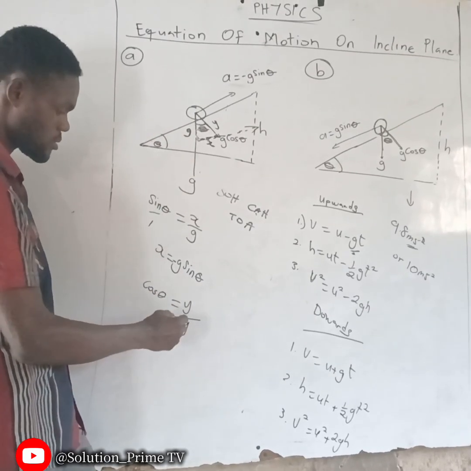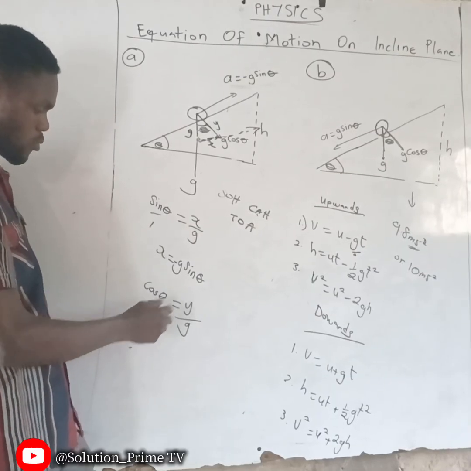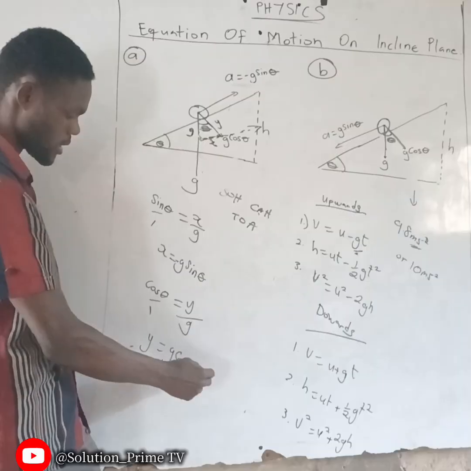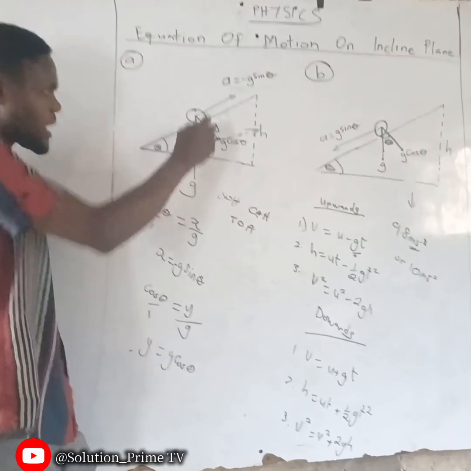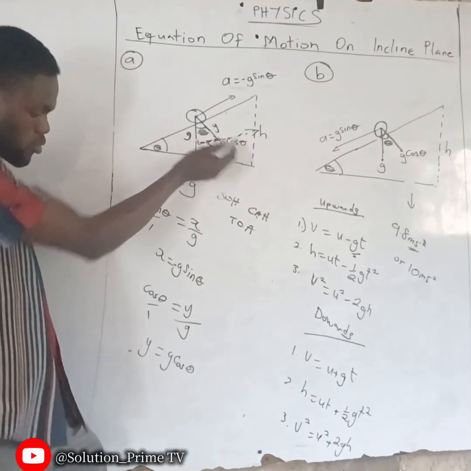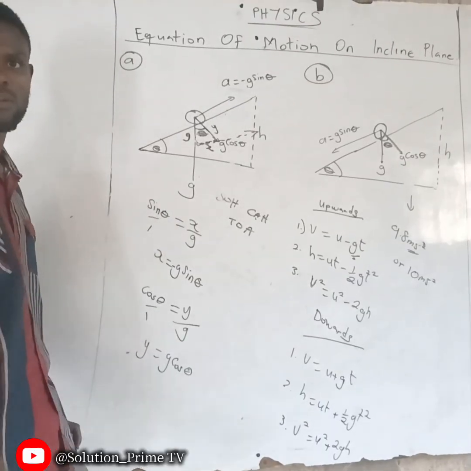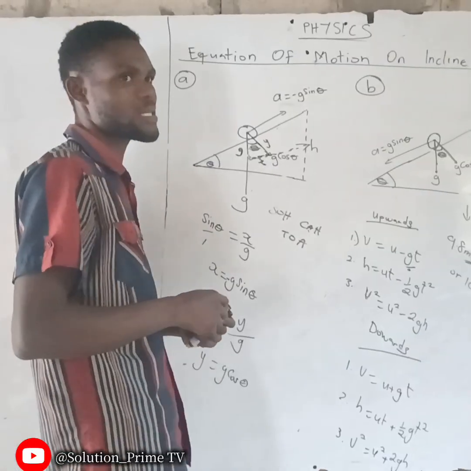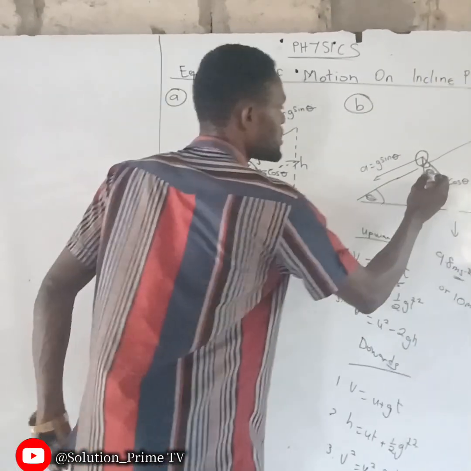G. So when I make y the subject, I'm going to get what? G cos theta. That is the component perpendicular to the line, g cos theta. There's a proof for that.